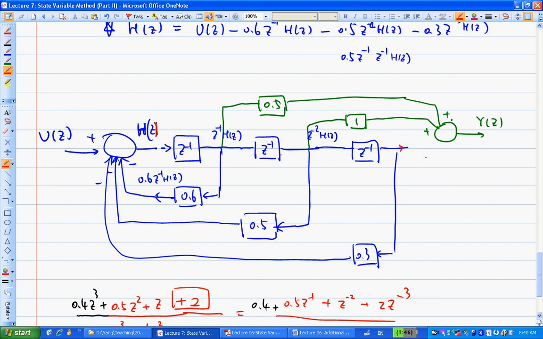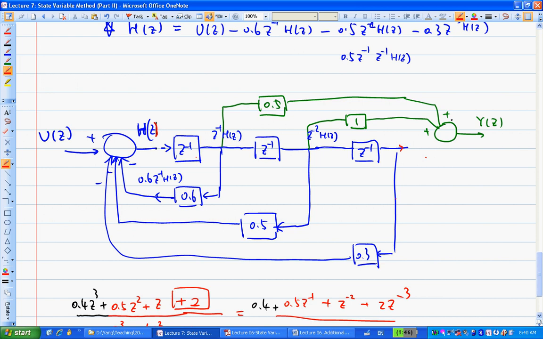By the way, if I wanted to realize this simulation diagram using circuits, each one of them basically behaves as a register. Each register is used to temporarily store the signal, and it behaves like a delay.